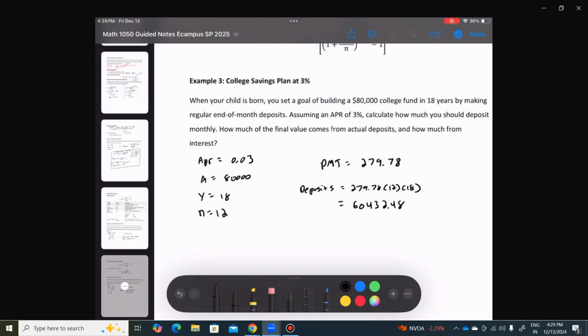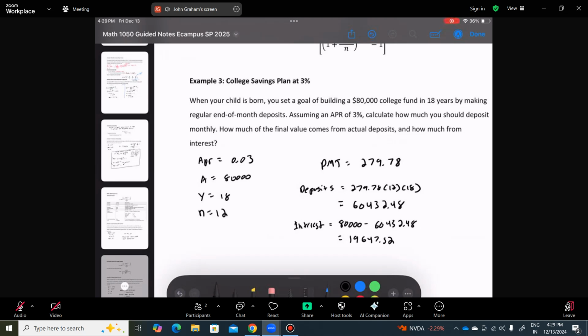Then the interest earned: you're saving up to 80,000, so 80,000 minus that is your interest. That'll be $19,567.52.